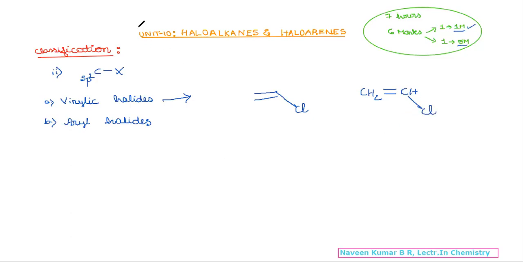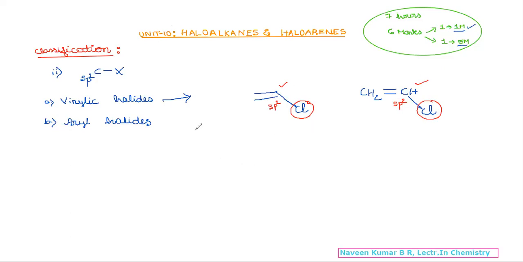Now the halogen attached carbon is sp2 hybridized. This is the same structure represented in a different way. The halogen attached carbon is present in sp2 hybridization, but it does not belong to an aromatic ring.